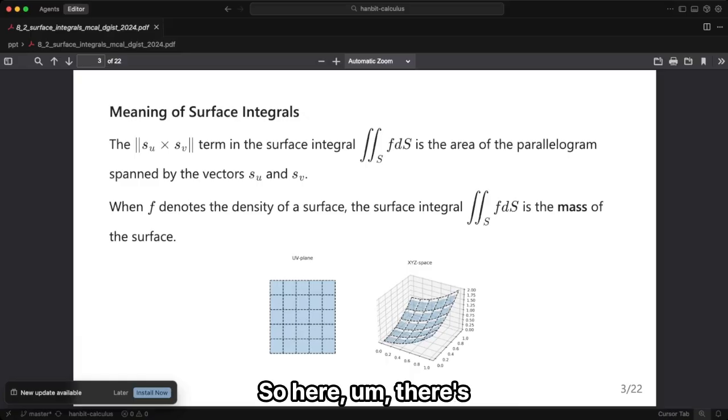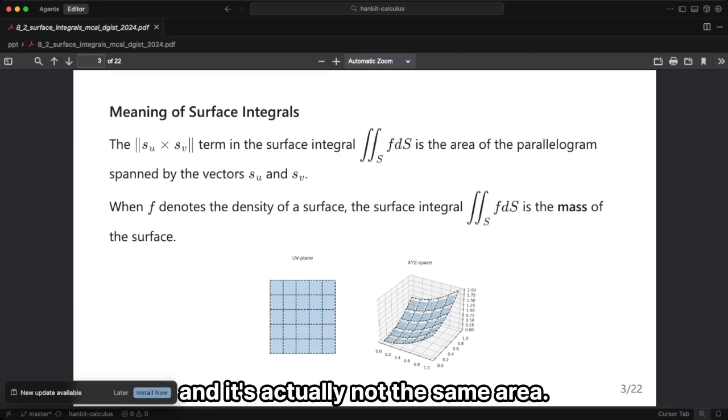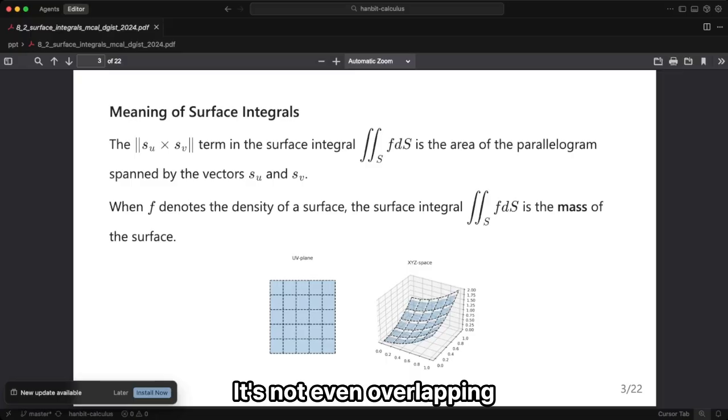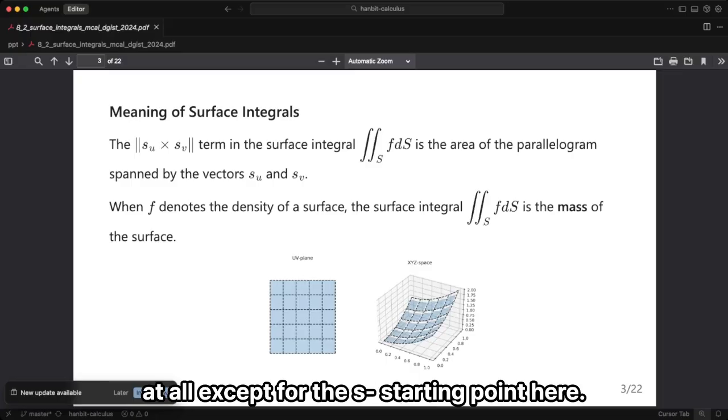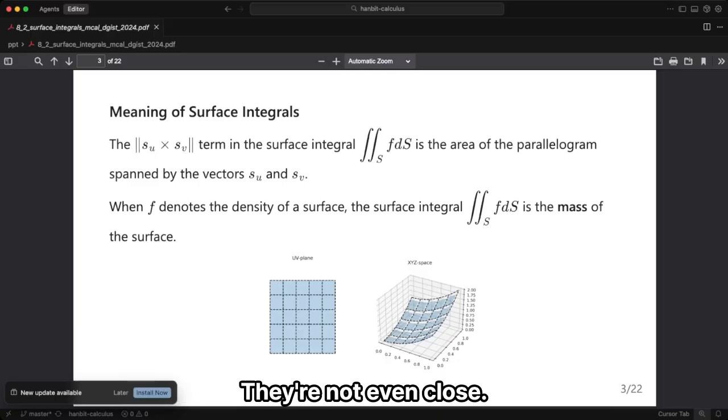The actual area that corresponds to this parallelogram is very round, and it's actually not the same area. It's not even overlapping at all, except for the starting point here. There's usually only one point overlapping. They're not even close.